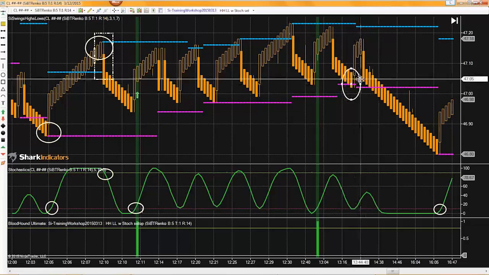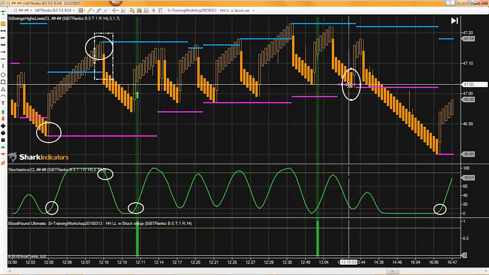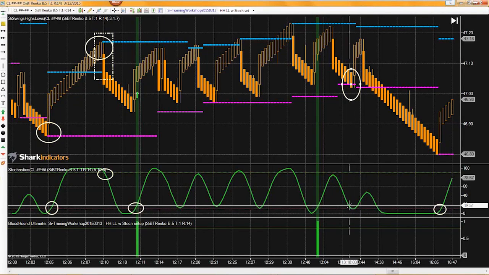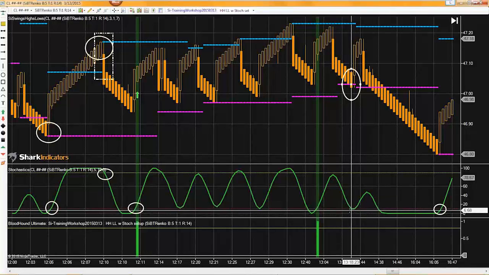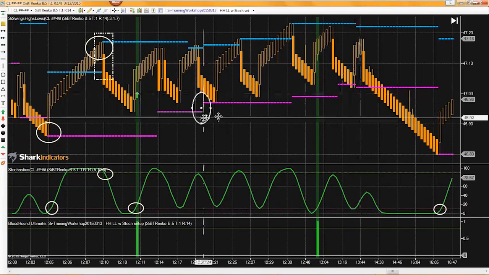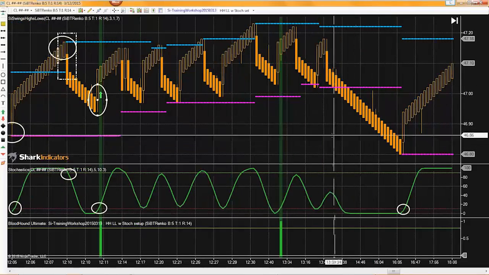I'm looking at this area over here. So price did cross below, and we had a failure, but let's see. But at the same time, the stochastic didn't get down below 10. So that's probably not a good area.